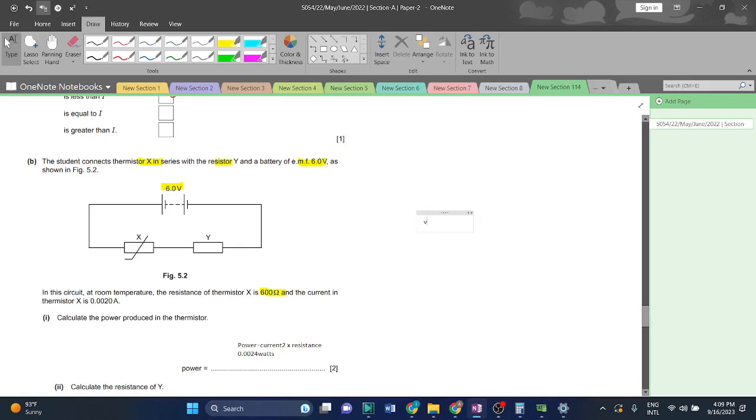For that we'll apply the formula V equals IR. We have to find V, I is 0.002 into R, we have 600, and if we calculate that we'll get V as 1.2. So 1.2 volts is used across this. If 1.2 volts is consumed by this, then the remaining 4.8 volts will be left for this, right?